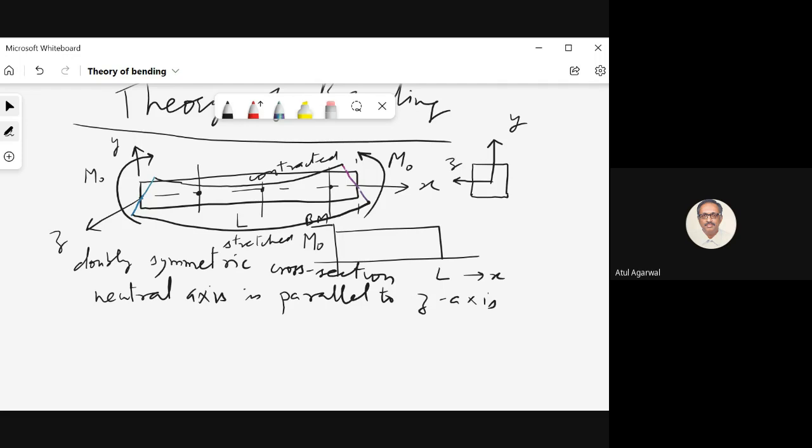So initially, at the top surface there is contraction, at the bottom surface there is stretching. In the intermediate position, there is a position where you will find that there is no change in length. So this is the intermediate surface where there is no change in length.